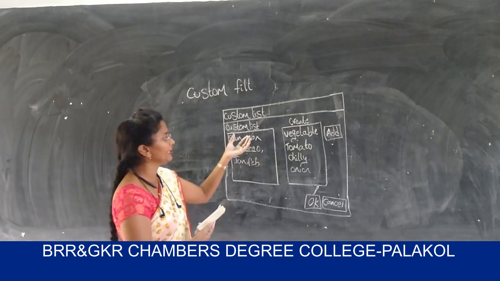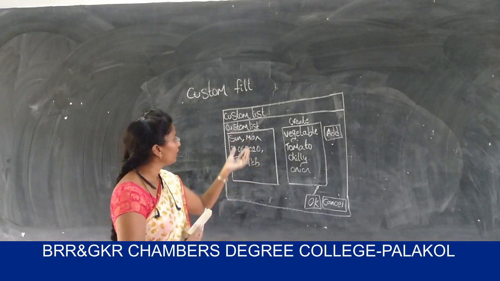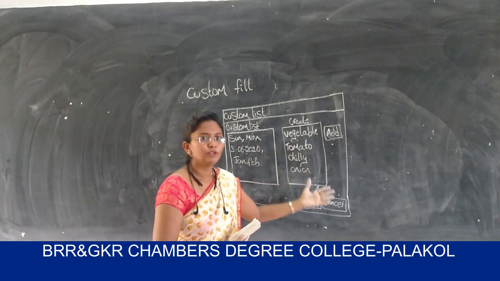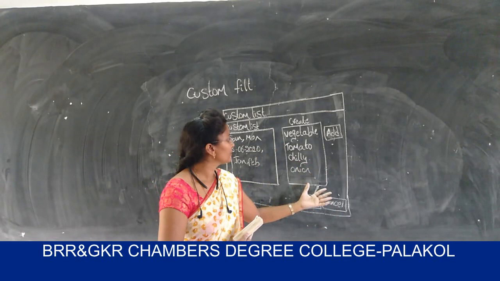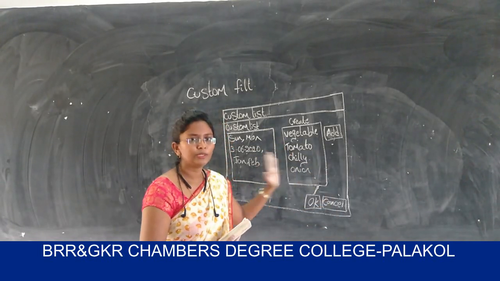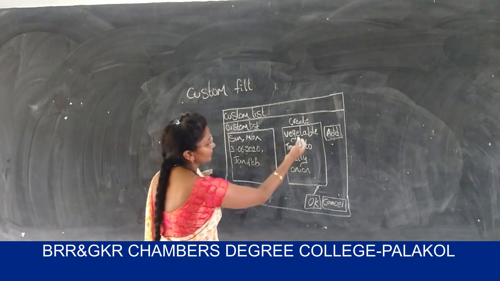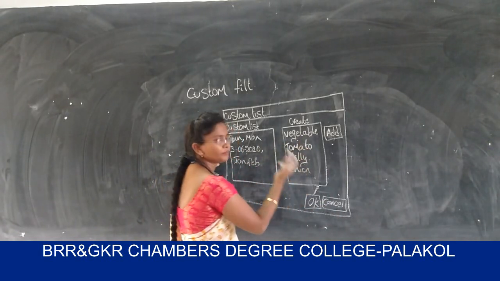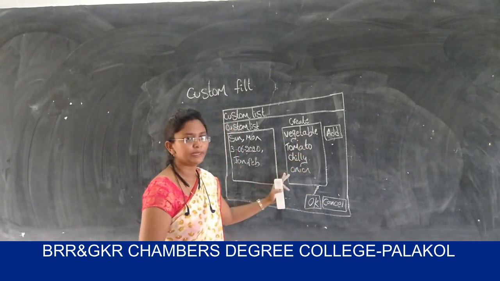These are the already created lists, all available at the left hand side. Whatever new list you create will appear at the right hand side. Here I am creating the list as vegetable, tomato, chili, onion. These are the lists I have to create.